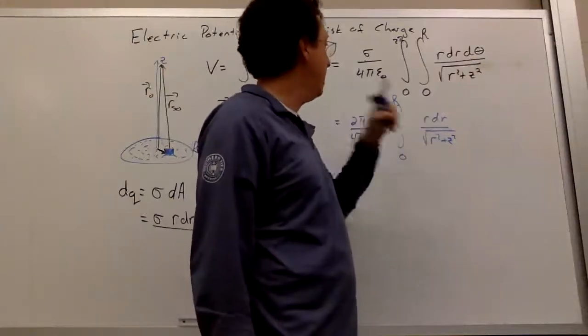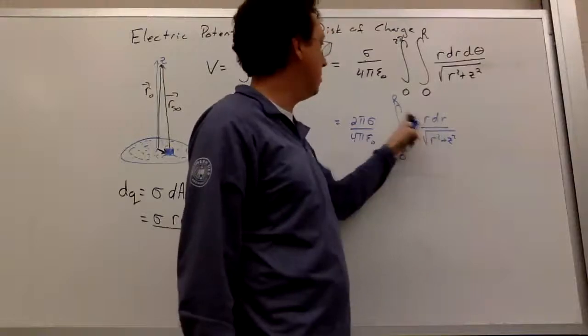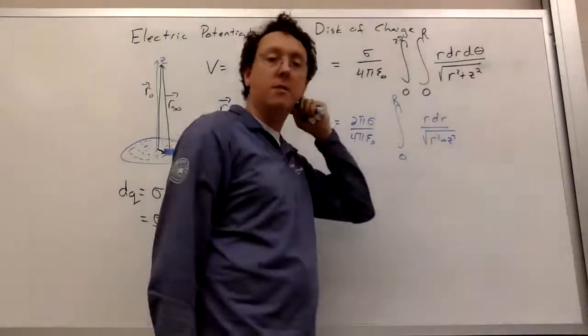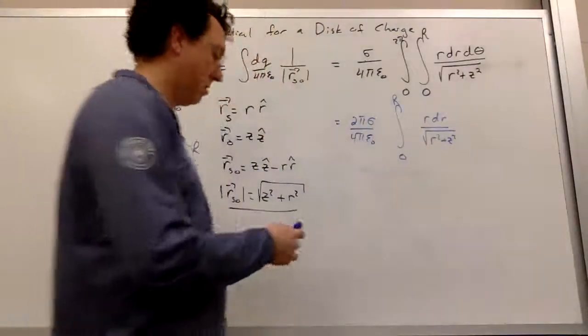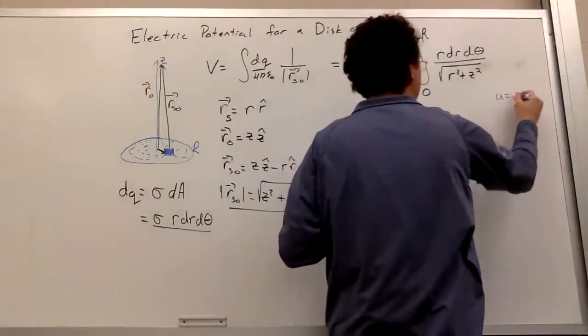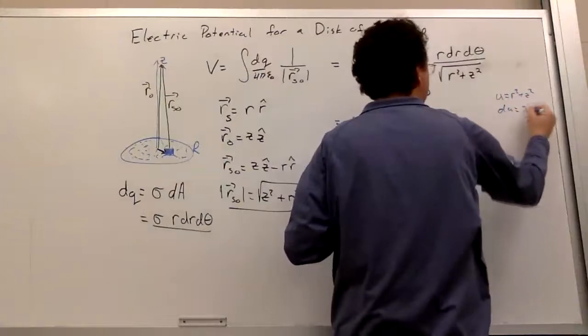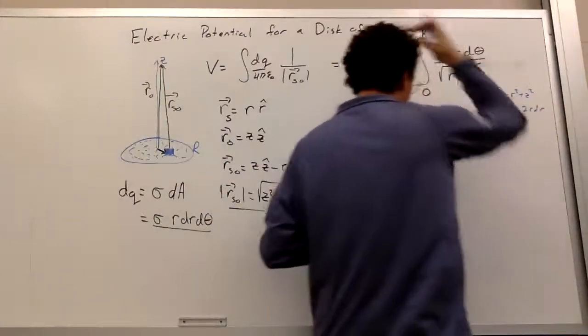And then du would be 2r dr, so you get a factor of a half, but basically it's done for you. So that would work. You could say u equals r squared plus z squared, and take du equals 2r dr. That would be fine.